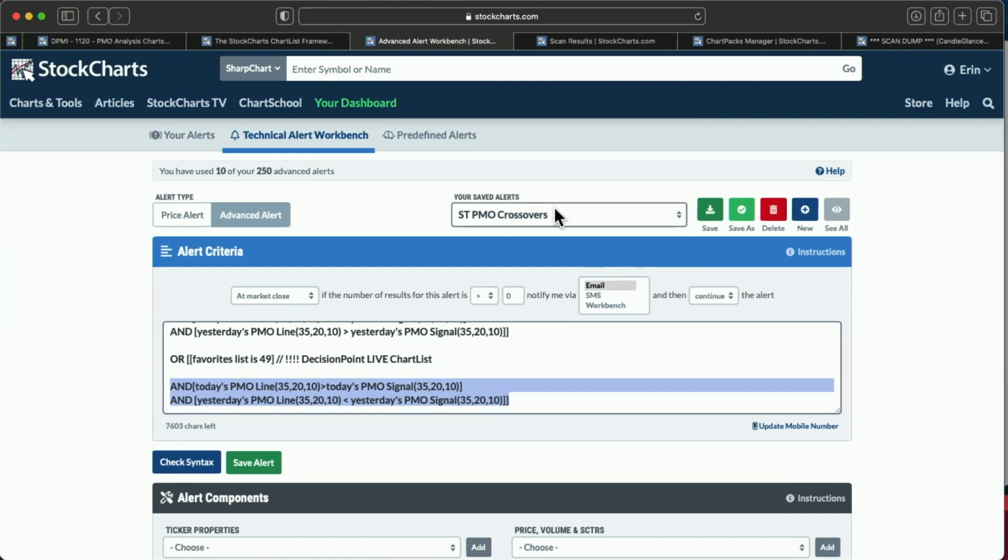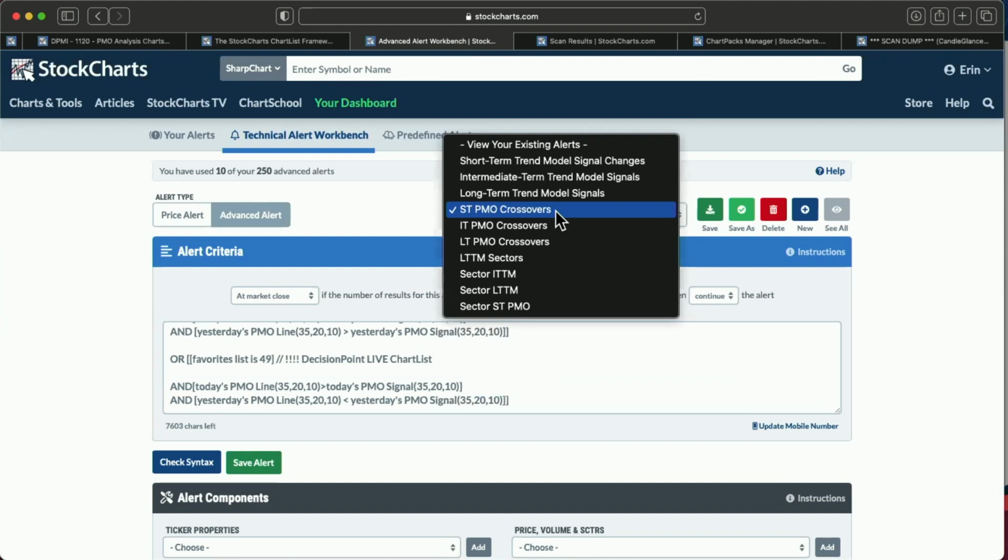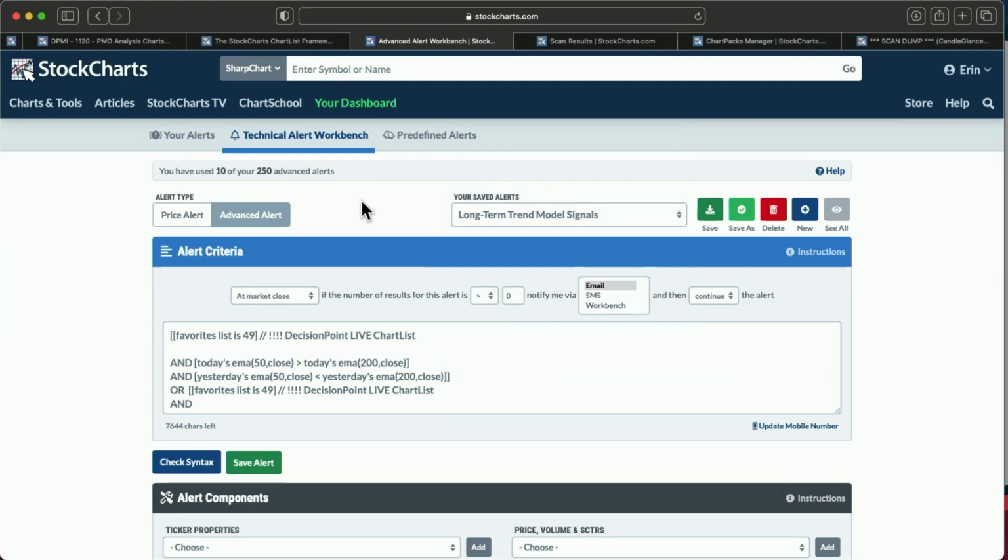Now, if you want to scan on more than one list, you just need to be careful, because if you say and, that's great. But if you say or, that is actually going to shrink what you're looking at instead of just the one list, if that makes sense. So if I have my sector chart list and I say scan on that, but I also want to scan on my market summary chart list, I can do that very easily by using an and.